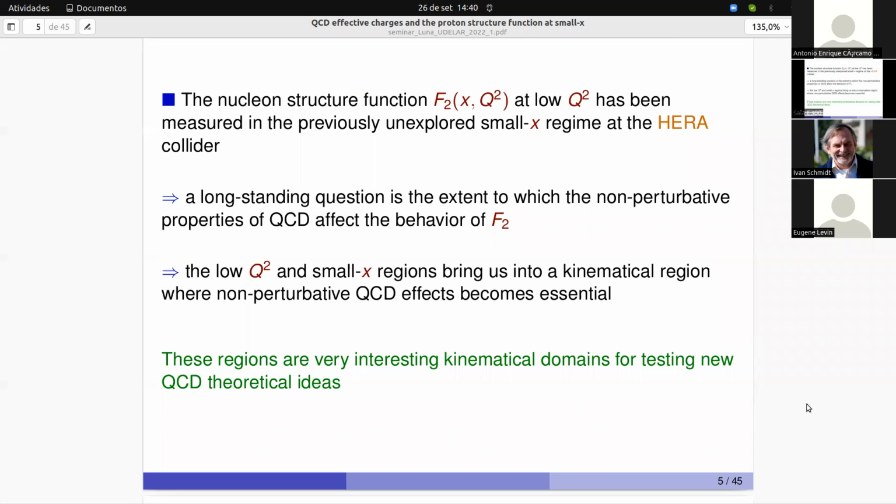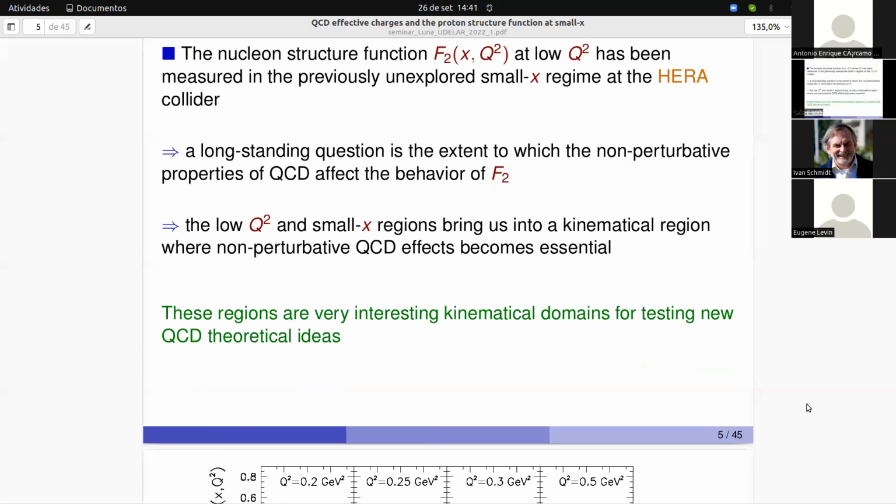So the low Q square and small x region brings us into a kinematical region where non-perturbative QCD effects become essential. I will try to show this more clearly, but one of the important questions for us is that this region is a very interesting kinematical domain to test new QCD theoretical ideas.